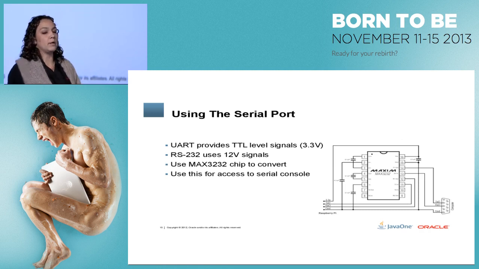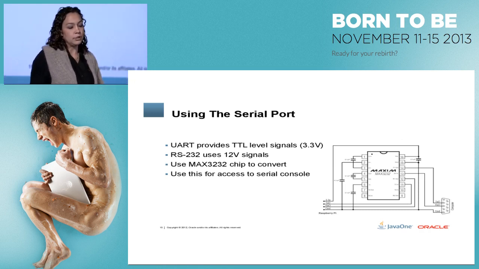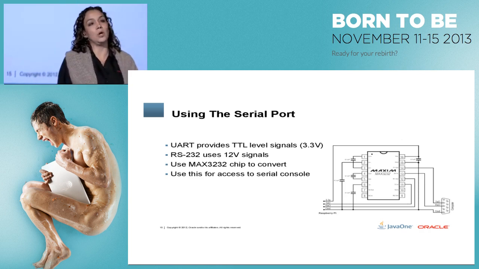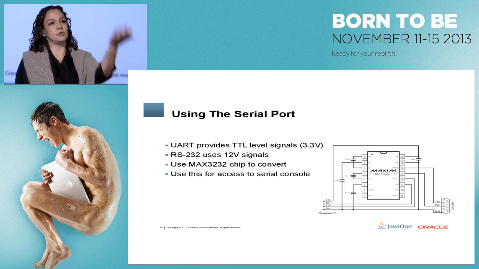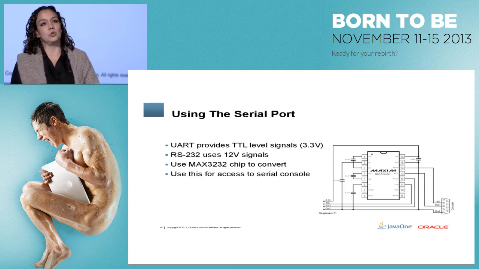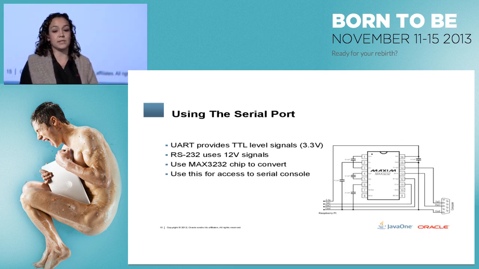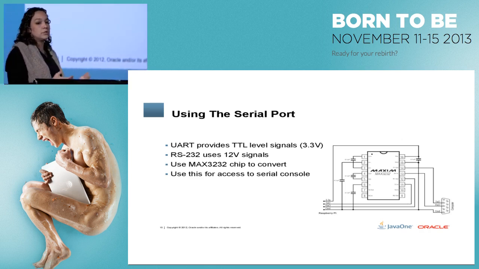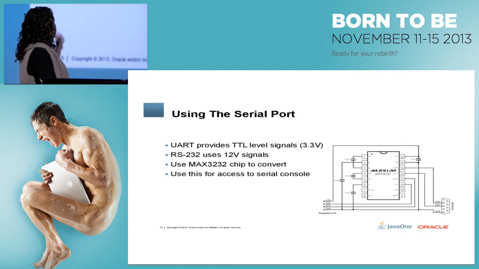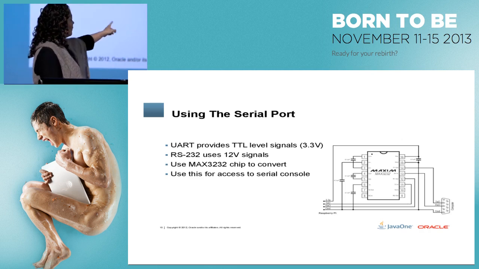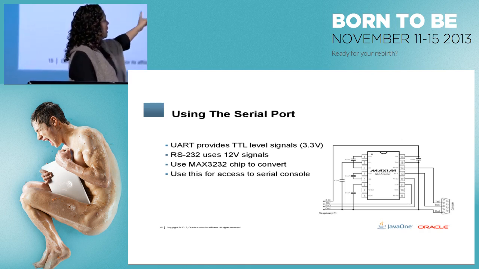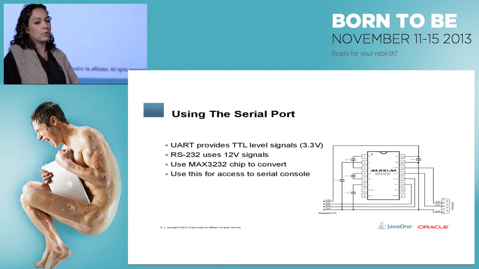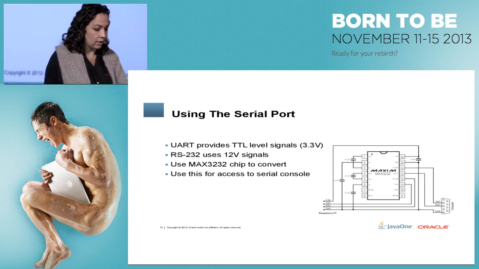To be really compatible with RS-232, you need 12 volts. So you need to bump those 3 volts up to 12. It's actually extremely simple: you can use one of those chips, the MAX3232, and that will do the job for you. You take the UART line from the Raspberry Pi, voltage and ground connected to the chip, and then you can have access to the serial console.